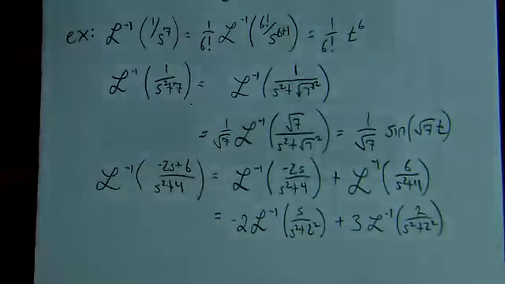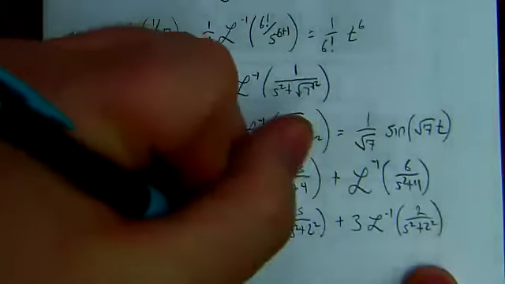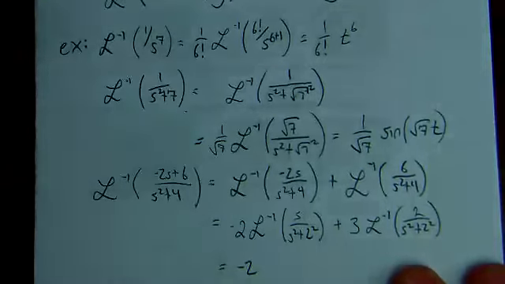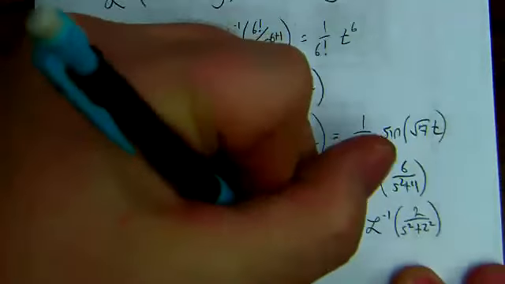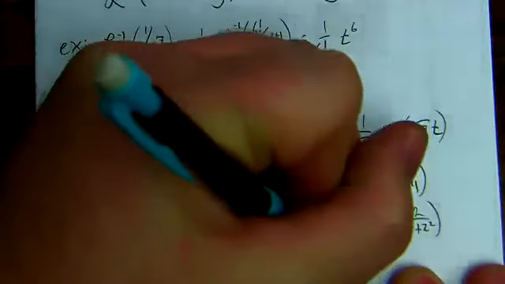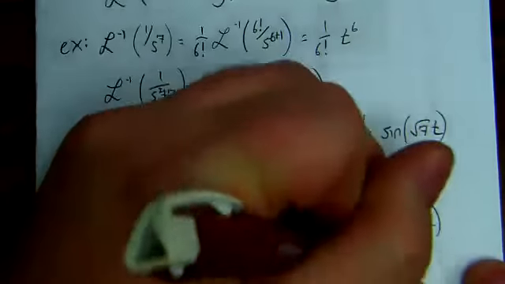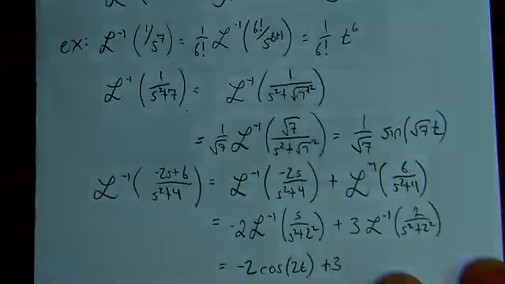I know what functions I started with to get this Laplace transform. S over s squared plus 2 squared is cosine of 2t. And 2 over s squared plus 2 squared is sine of 2t.